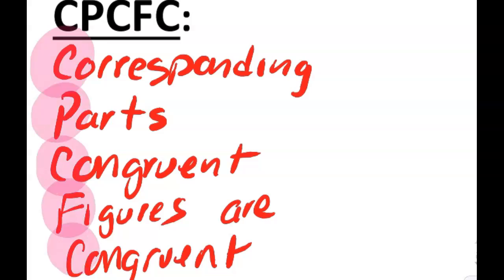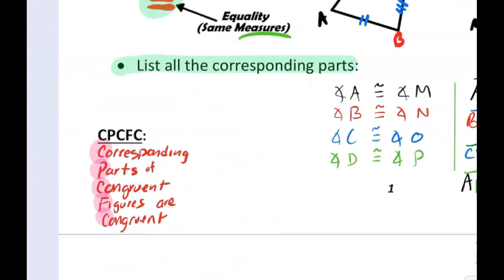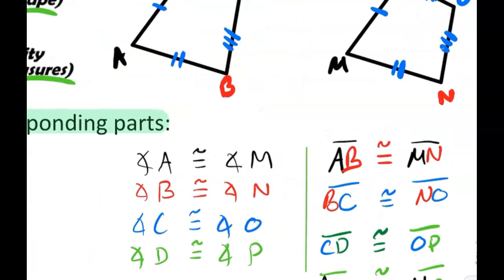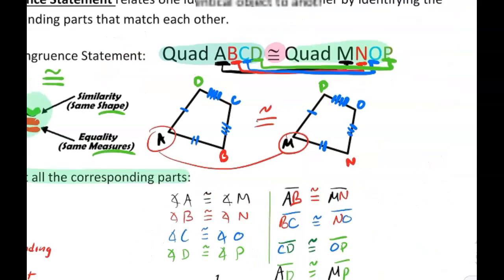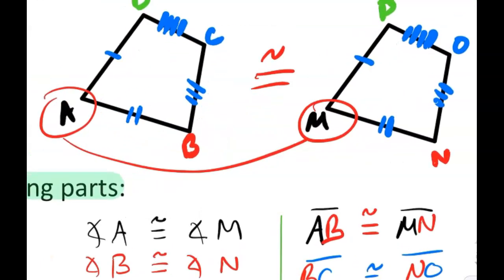So CPCFC: corresponding parts of congruent figures are congruent. And it's almost common sense, right? So if I said A corresponds with what? Well, A's twin over here is M. These correspond. So if these 2 figures are congruent, which it told us they were originally, that means all the corresponding parts are congruent.